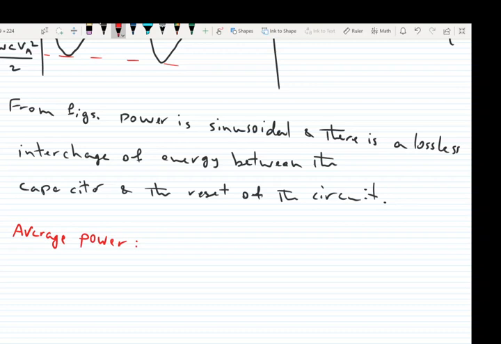As we saw, the power delivered to any of these three elements, resistor, capacitor, and inductor, is a periodic function. All of them are sinusoidal functions, so we can describe them by an average value, and for any average value we can calculate it by integrating the function over one period of the periodic function.